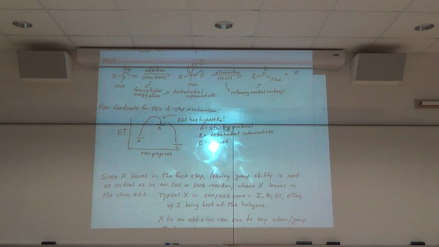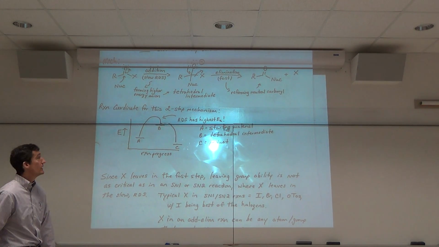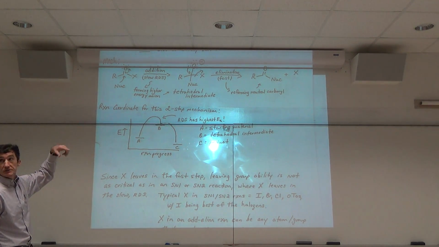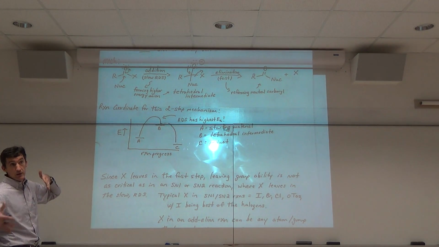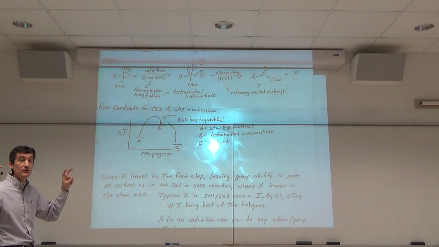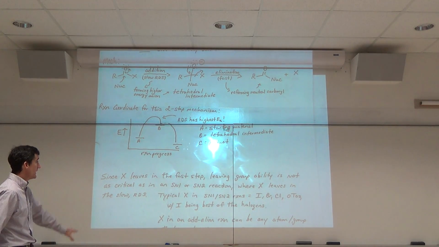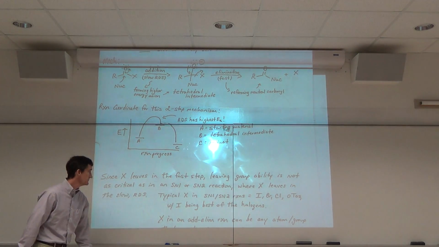Actually, guess which halogen is your best leaving group? Fluorine. Why? Because it makes the addition faster, because the fluorine makes the carbon more electropositive. It's not the leaving group ability that we're used to from organic 1.